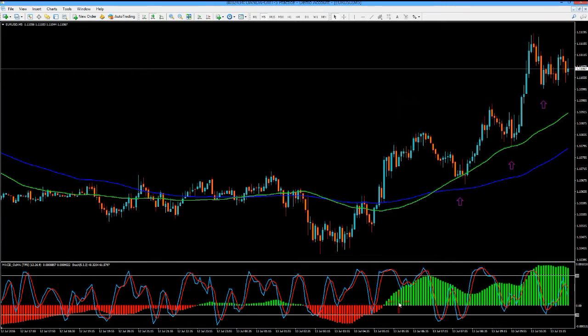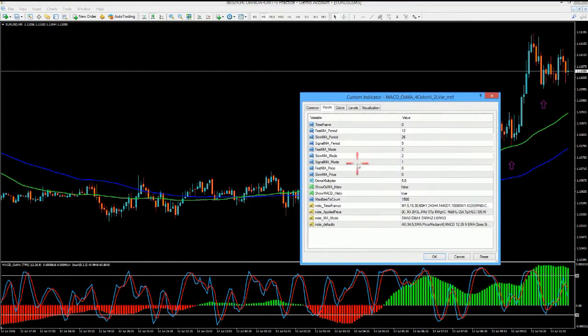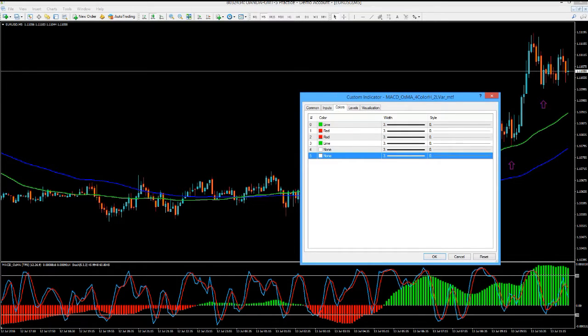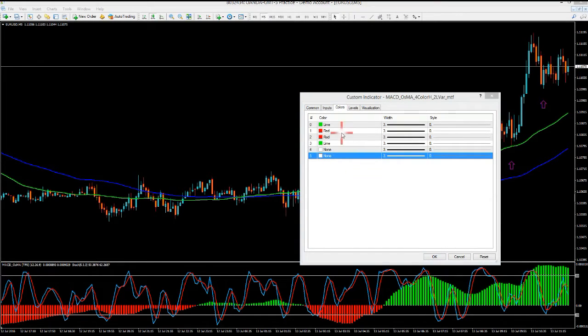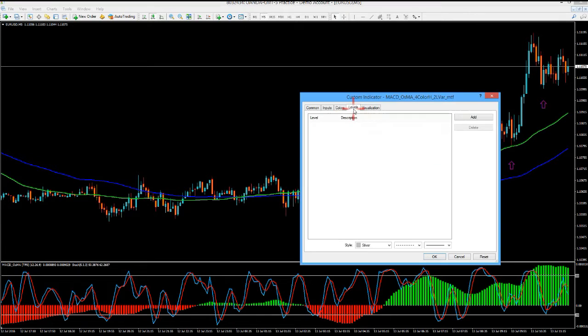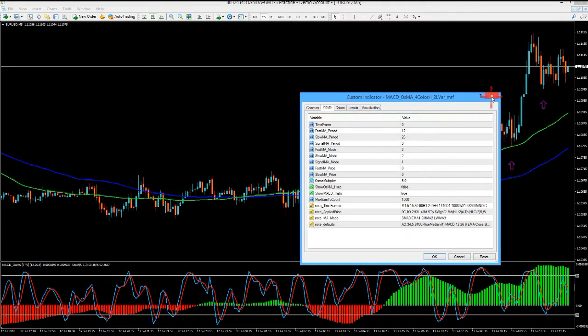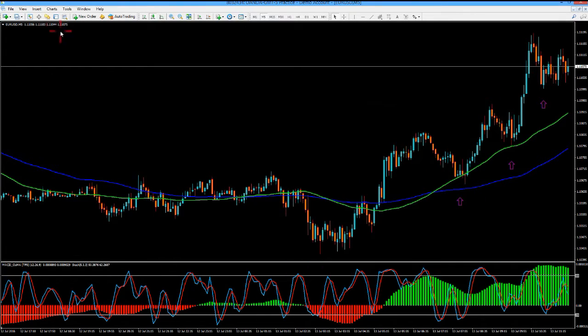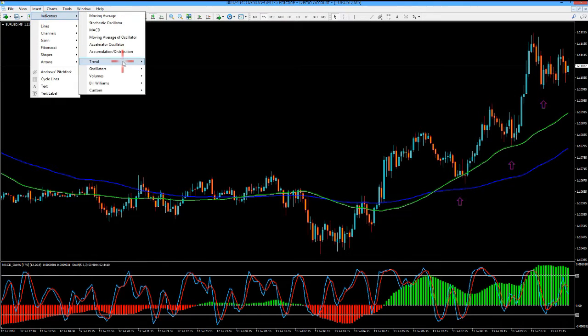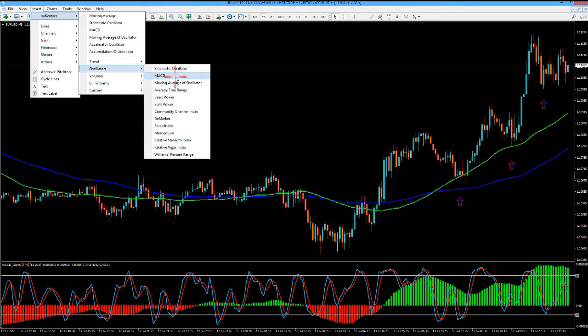I have a custom indicator because I could set up the colors for it. If you can see here, we have the colors. So I picked the colors and the values. You can set them up when you insert the MACD. So you find it under Insert, Indicators, Oscillators, and you click MACD.